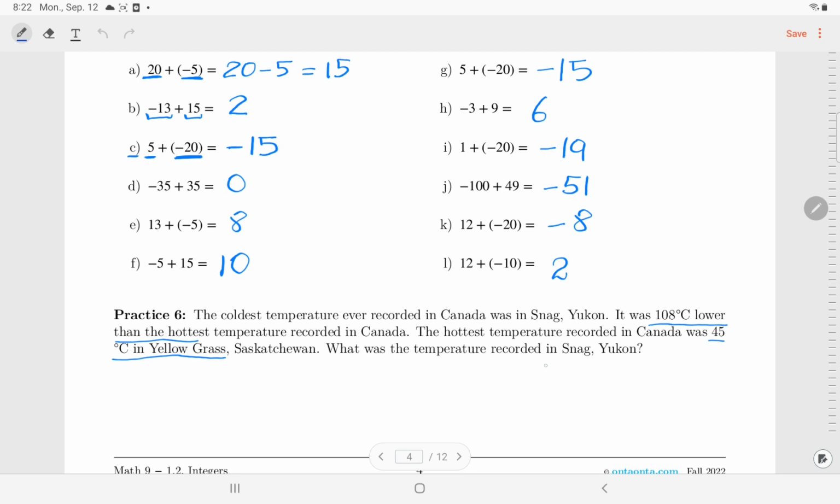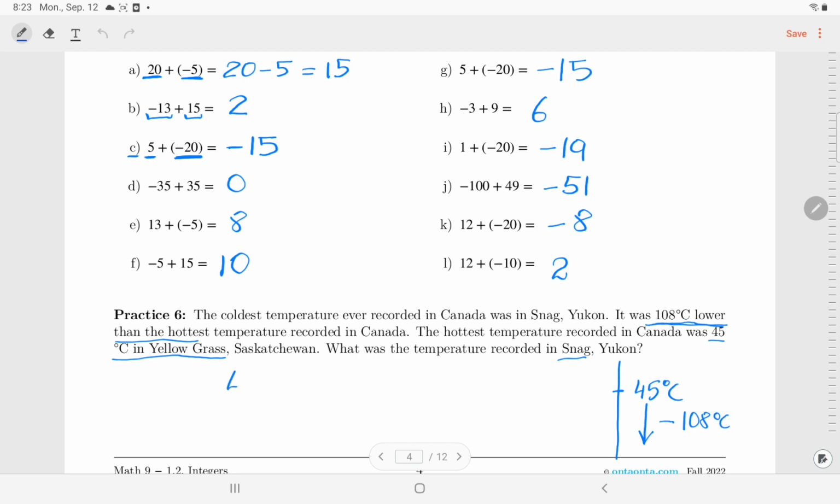What was the temperature recorded in Snag? So the hottest temperature recorded was positive 45 degrees Celsius. The coldest was 108 degrees Celsius lower. So we have to subtract 108 degrees Celsius.